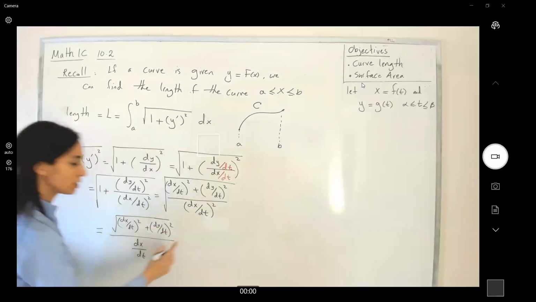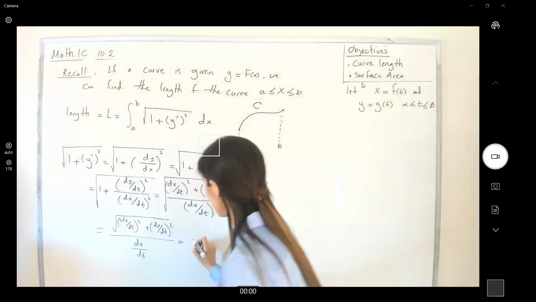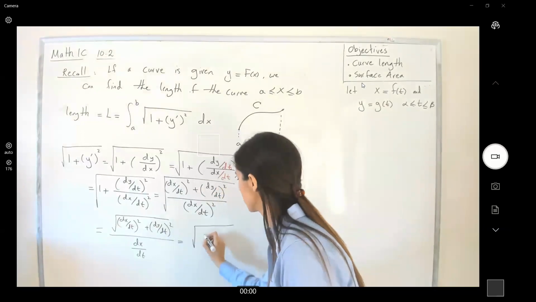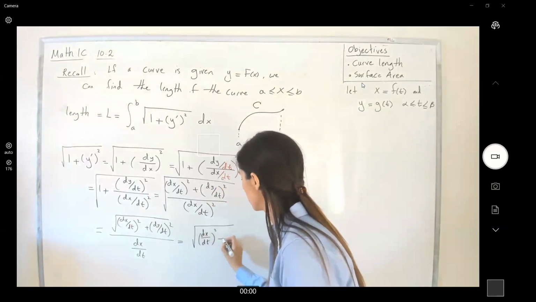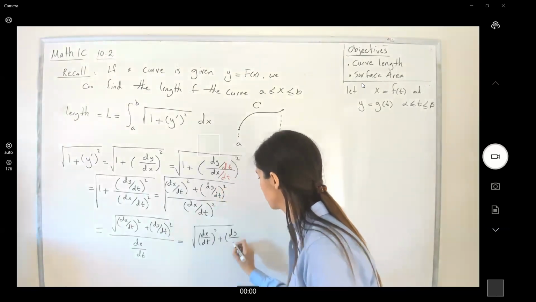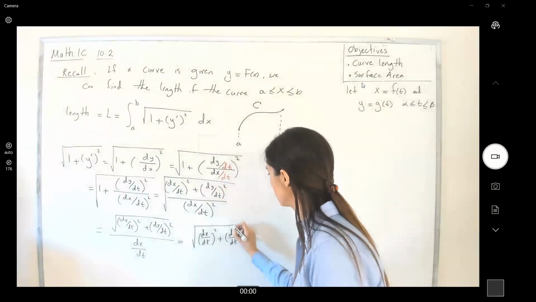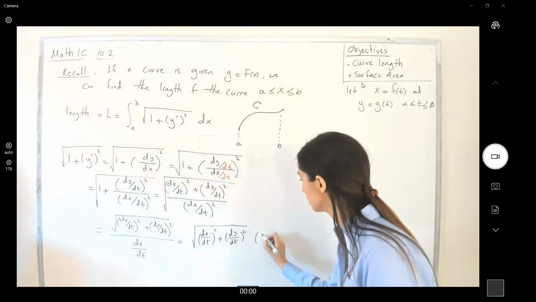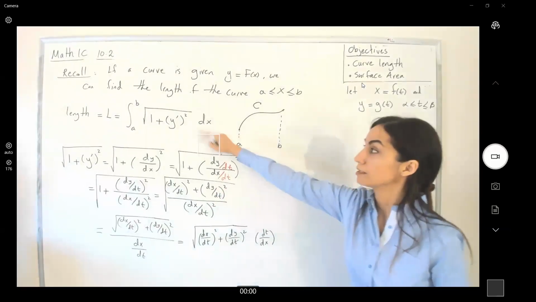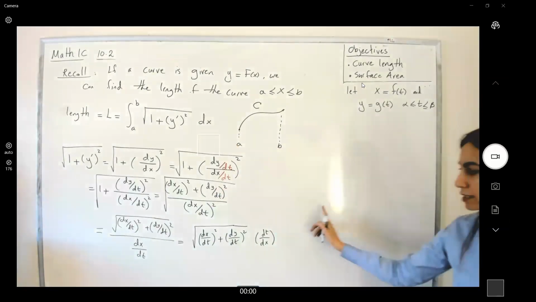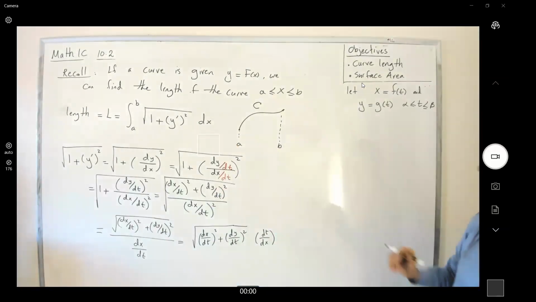And I'm going to flip this, and I get square root of dx over dt squared plus dy over dt squared times dt over dx. Note that in this formula, you have dx, dx and dx, they cancel out each other.